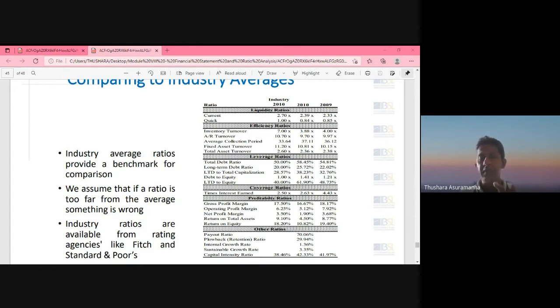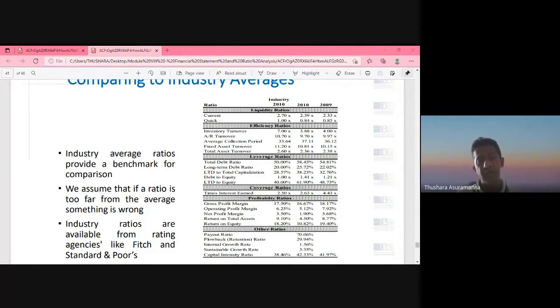So that's why we need to know what exactly is happening in the industry, and based on that you can understand, or you can do a sort of industry comparison. So that's why the industry comparison is very important, right?